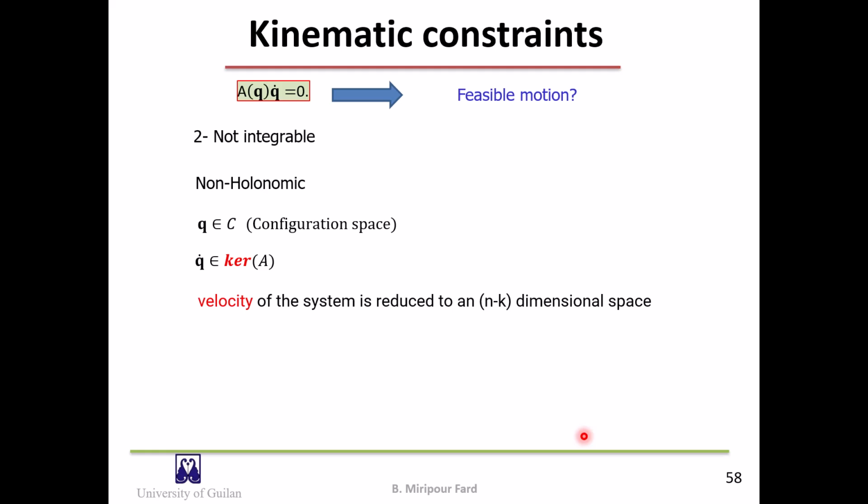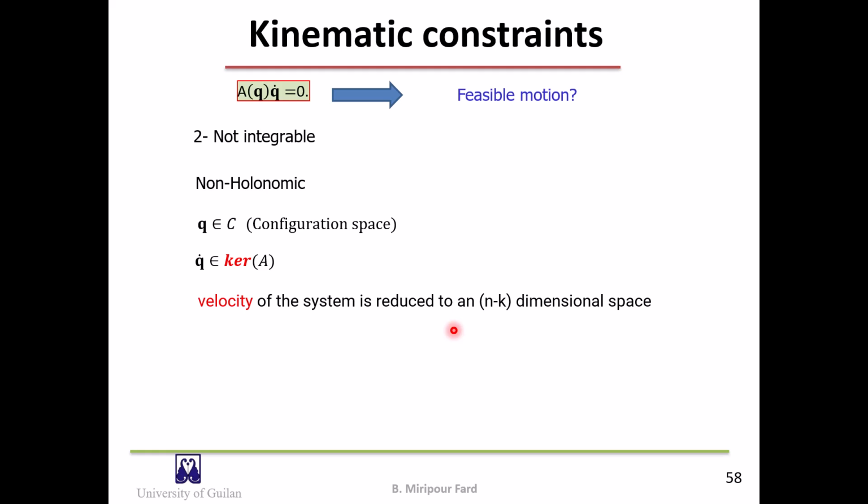If the constraints are not integrable, then they will be non-holonomic. In this case, the dimension of the configuration space or vector of generalized coordinates will not change. But considering that there is a constraint on the generalized velocities, the dimension will be reduced to n minus k.